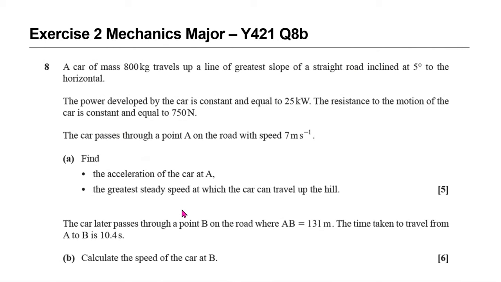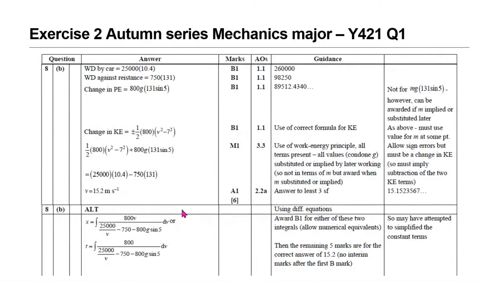So a question about a car going up an inclined slope. And a scheme. Now, it's worth pointing out here that there isn't a diagram in the question and there isn't a diagram in the mark scheme.